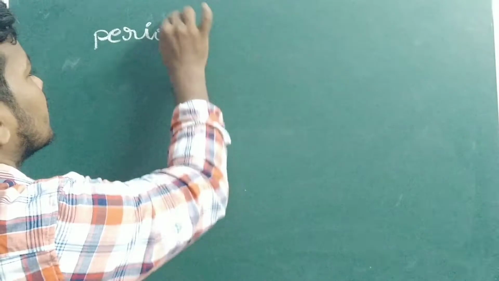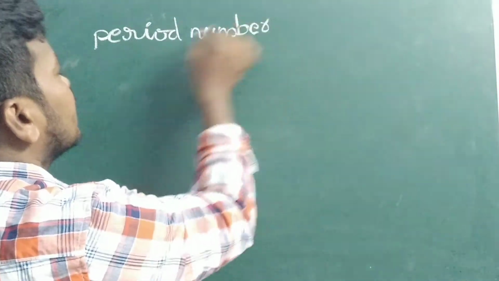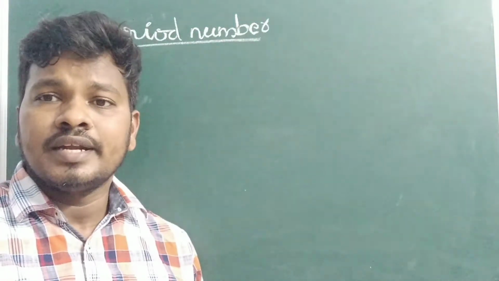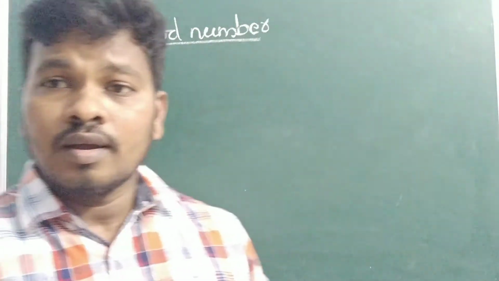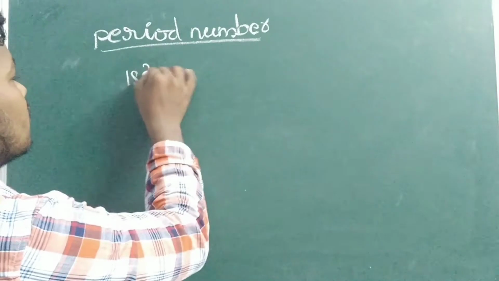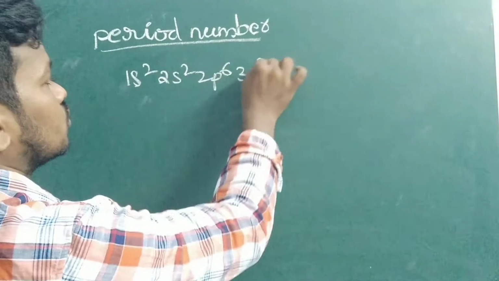First of all, how to calculate the period number? To find the period number, we have to write the electronic configuration. You have to take the highest shell number, which belongs to the period number. For example, 1s2, 2s2, 2p6, 3s2.